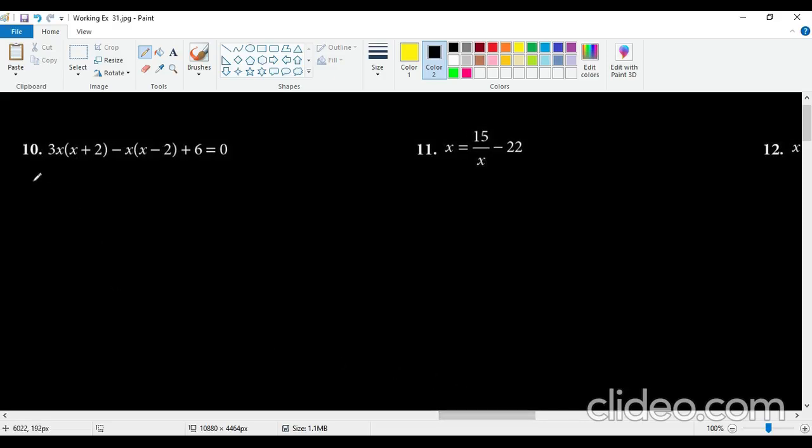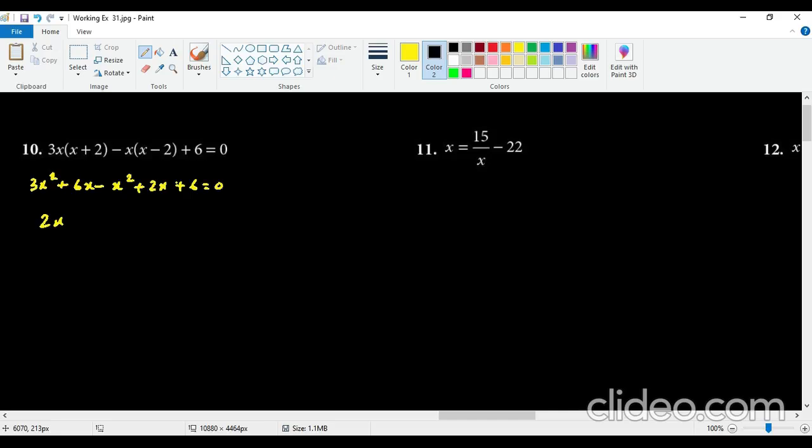So the first one is going to give us 3x square plus 6x, minus x square and minus minus plus 2x, plus 6 equals 0, plus 2x equals 0, and 3x minus x is going to give us a 2x, and plus 6x and minus 1 is going to give us a plus 5.